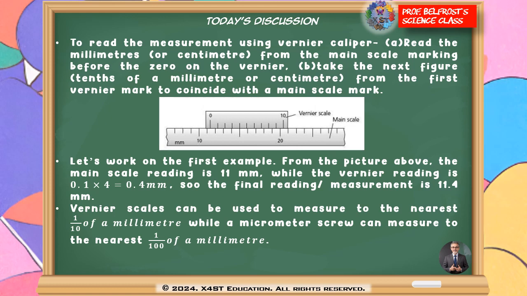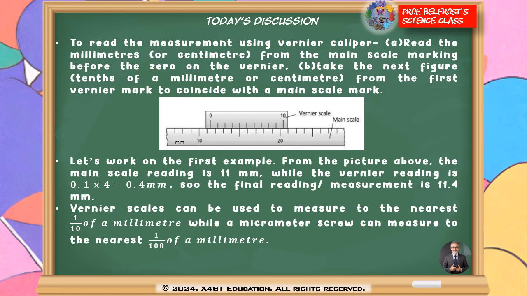In most books that I use, the vernier measurement is described in millimeters, but in some books that I also use, there are centimeters. So I want you to pay attention to the units used on the vernier. Like in this picture, there's millimeter written. It means that the measurement is made in millimeters.